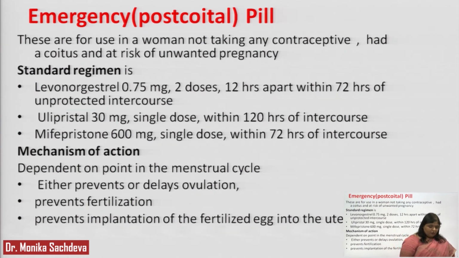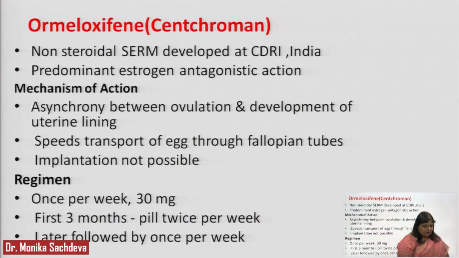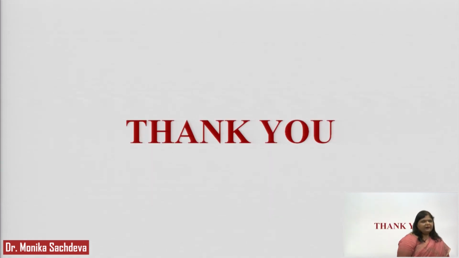It can delay ovulation, or it can prevent fertilization, or it also prevents the implantation of the fertilized egg into the uterus. Then this is Centroman, developed in India by CDRI, which is a non-steroidal drug.